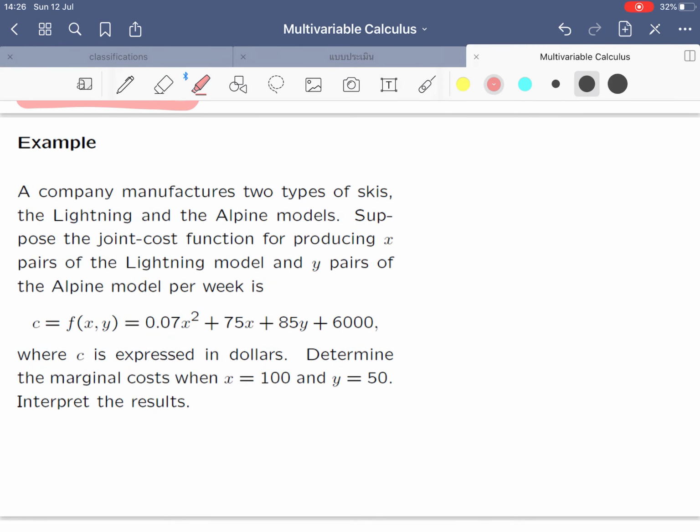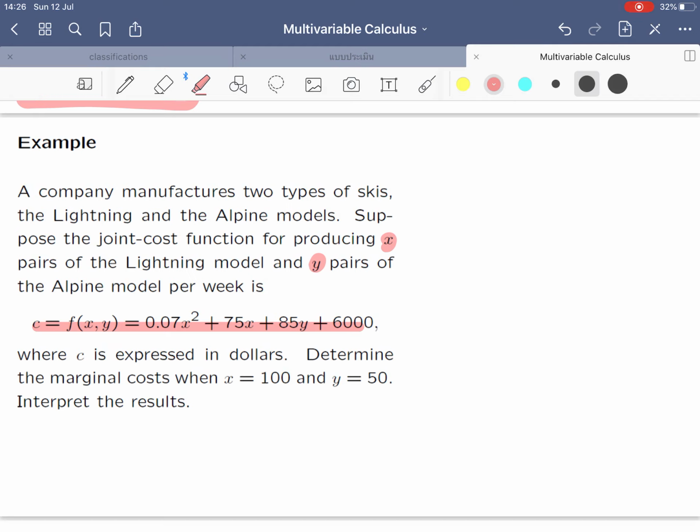This example says that a company manufactures two types of skis, the Lightning and the Alpha models. Suppose that the joint cost function to produce x pairs of the Lightning and y pairs of the Alpha model per week is 0.07x squared plus 75x plus 85y plus 6,000.